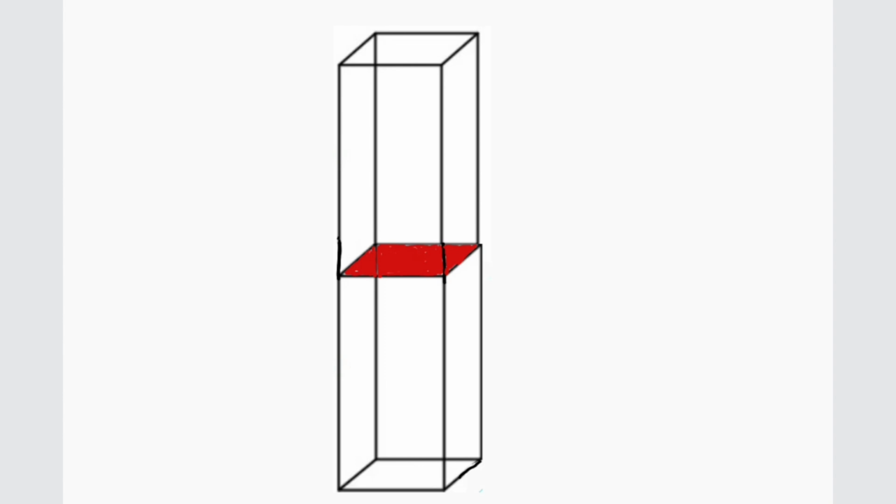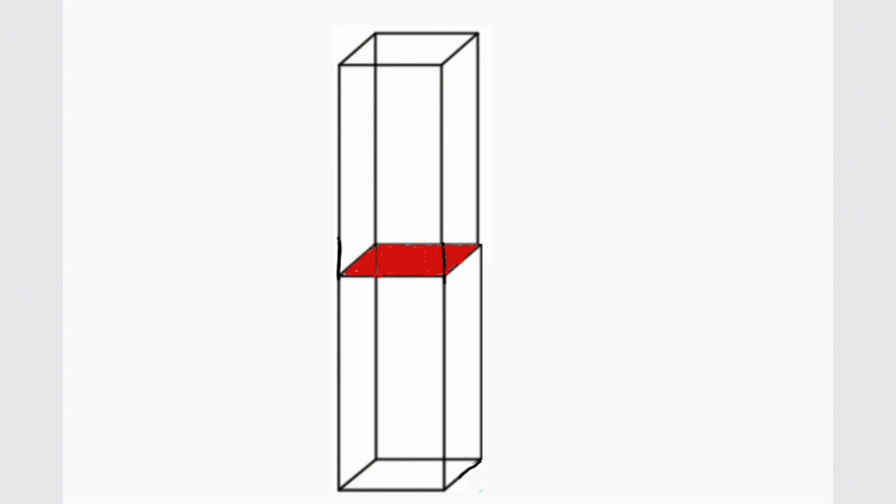One thing you should know about total surface area is that it is the place where you can see and touch. Now these two other portions cannot be seen. The top of this one and the bottom of this one are glued together.